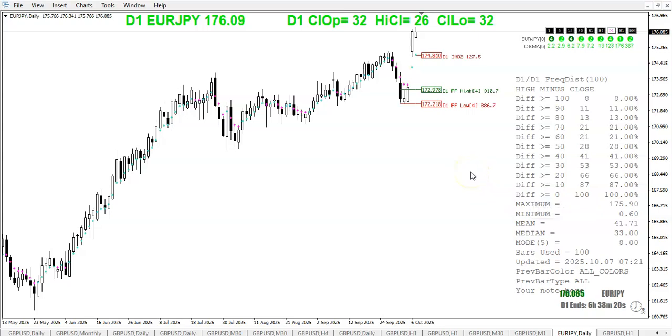Is there really a sweet spot? It seems like it's going to be greater than 10, 80% of the time, greater than 20, 66% of the time. So somewhere in between 10 and 20, and this is where the RAT was developed, even though I used the pound, is what gave me the idea on the RAT. You can see here, if you want to reverse, probably a good idea to get in at the high minus close somewhere around 10 and definitely before 20.